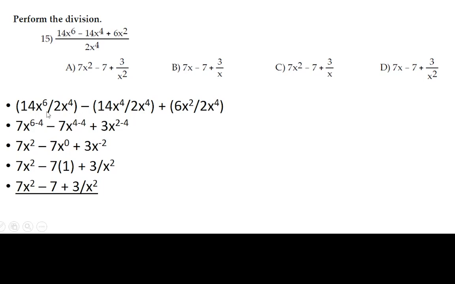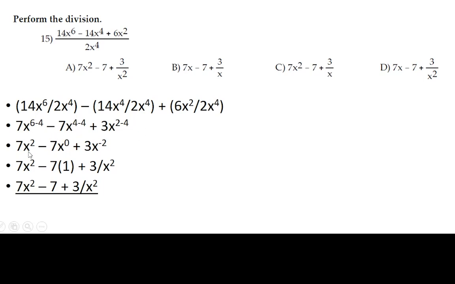To divide the powers of x, we subtract the exponents, top minus bottom. So 14 divided by 2 is 7, x to the 6 minus 4, minus 14 divided by 2 is 7, x to the 4 minus 4, plus 6 divided by 2 is 3, x to the 2 minus 4, top minus bottom.